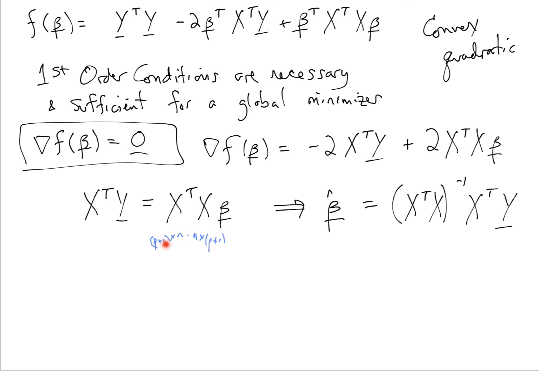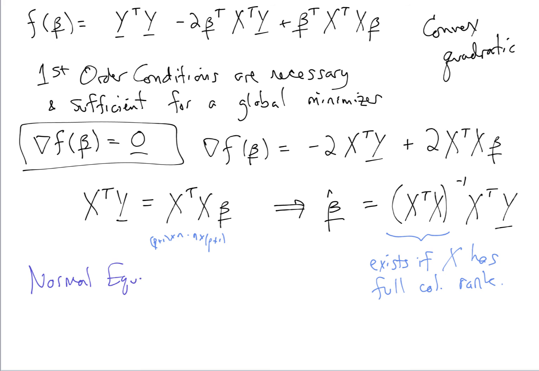And this will result in an invertible X transpose X if X has full column rank. So this exists if X has full column rank, which really results from the predictors not being dependent on one another. So typically you will see this. And this equation here is what we call the normal equations for our linear regression.